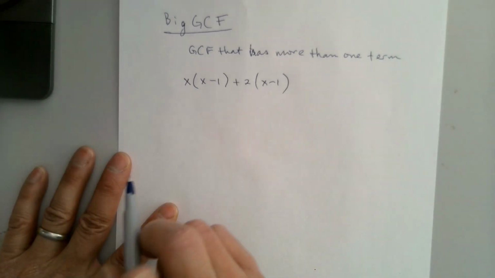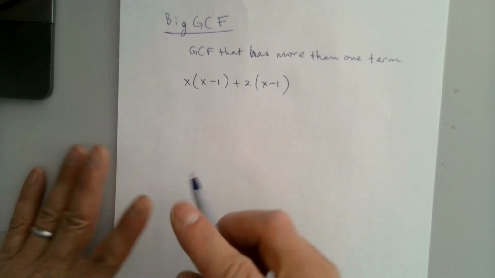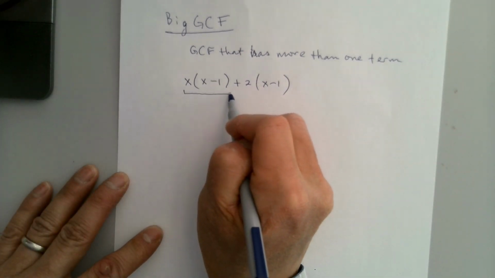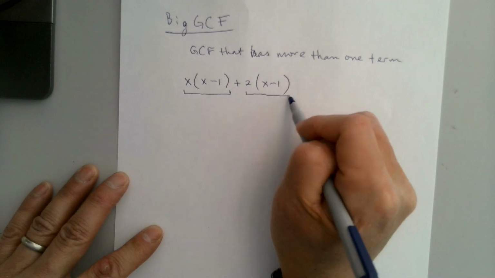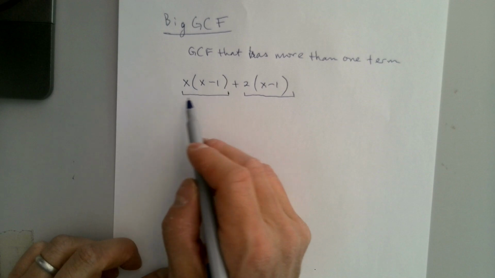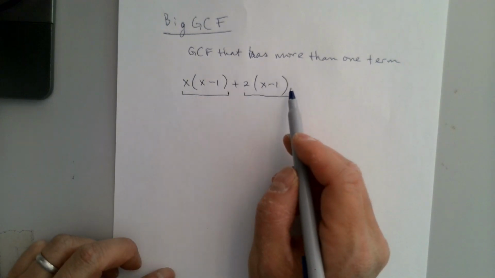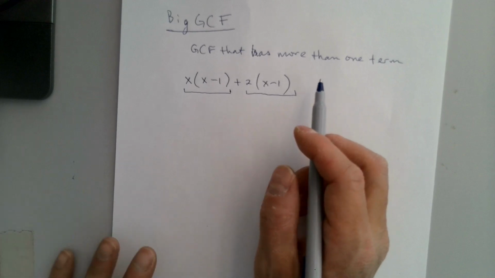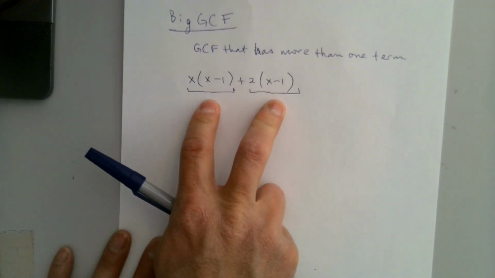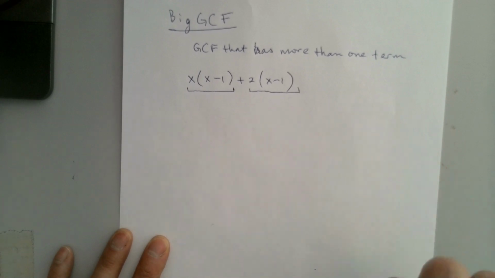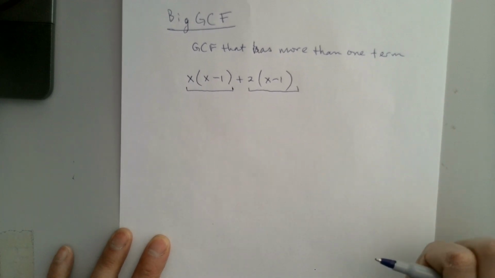There are 2 terms here because there are 2 clusters that have stuff that is multiplied. Here's the first group of stuff multiplied. Here's the second group of stuff multiplied. So 2 terms. Okay, now that we've established what the 2 terms are, do these 2 terms have anything in common? Do they have a common factor?